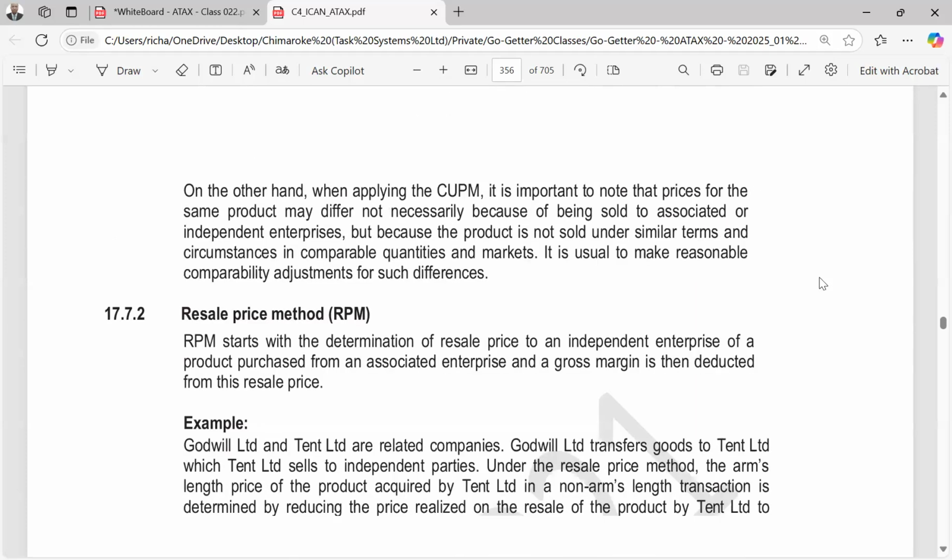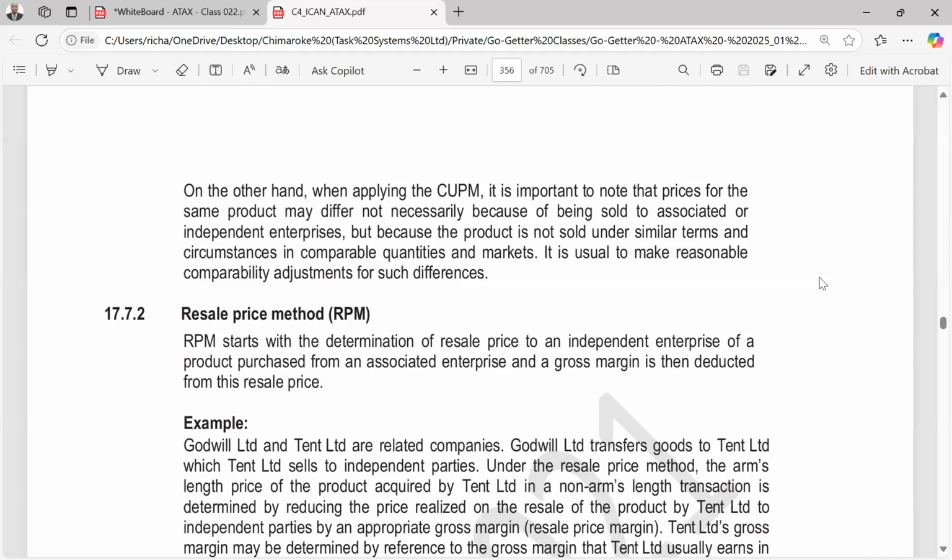We have the resale method, the resale price method, RPM. Now, the resale price method starts with determining the resale price to an independent enterprise from something that you purchase from an associated company. Let me give myself an example.